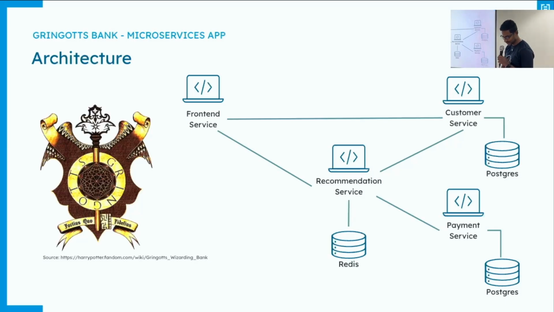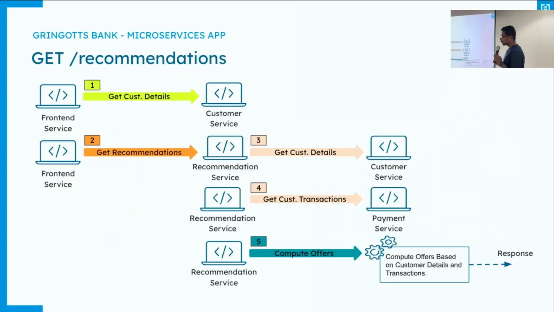So the API that we are interested in in the Gringotts Bank application is the get recommendations API. Get recommendations is going to return the offer recommendations for a given customer.